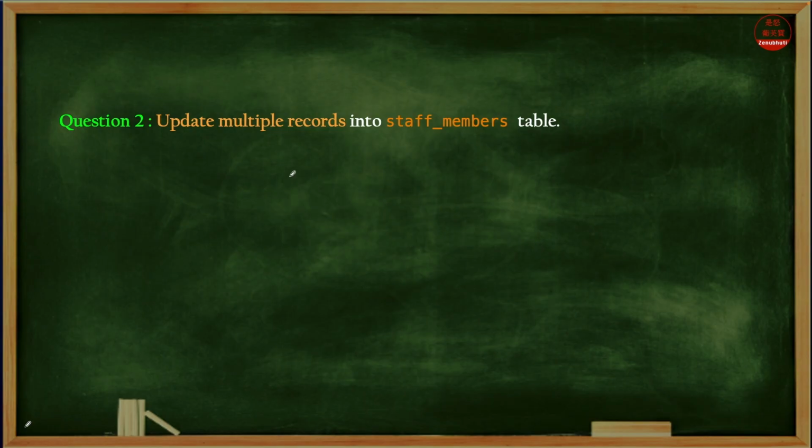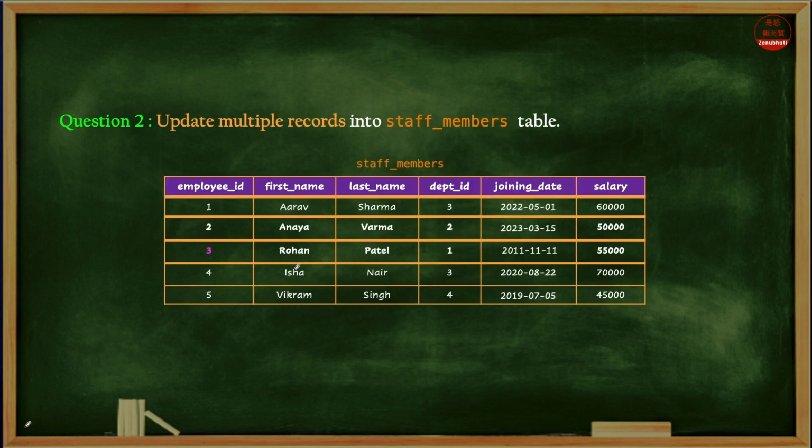Now, the second question is to update multiple records in the staff member table. Here we are going to update multiple records. We are going to update all these records in the hire date column with the new one.